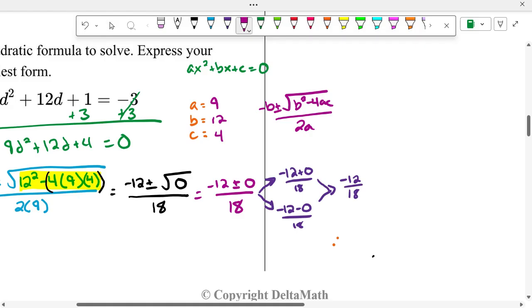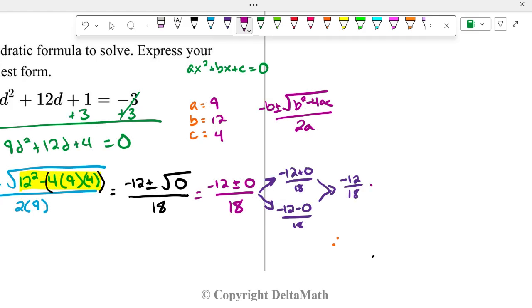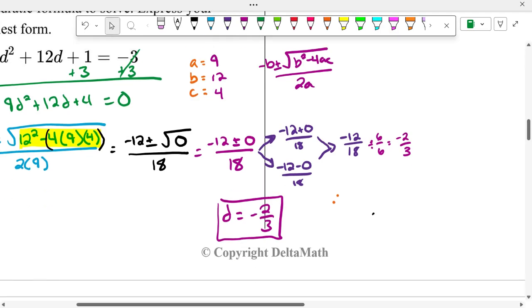Negative 6/9, or if I simplify it again, negative 2/3. Good. So you can divide both of these by 6. If I divide both of these by 6 over 6, I get negative 2 over 3. So x would be equal to negative 2 over 3. That would actually be a root to that quadratic. That's all you have to do.